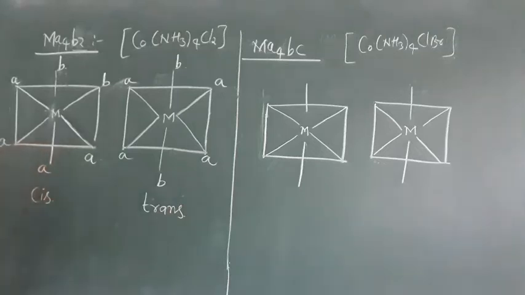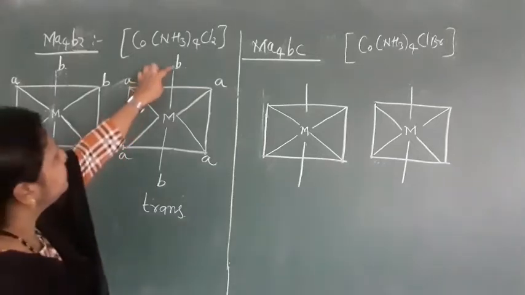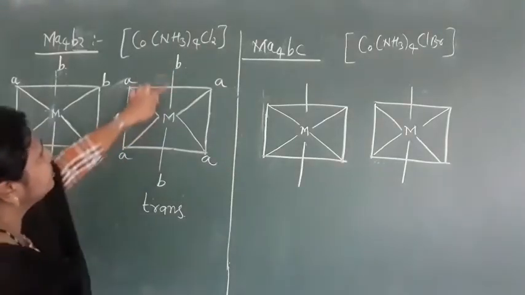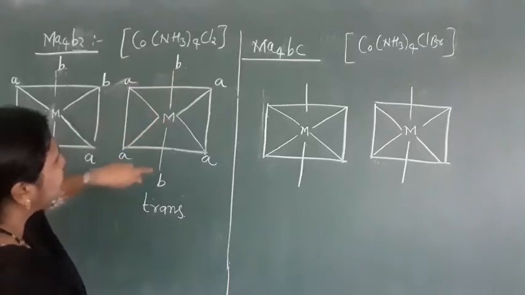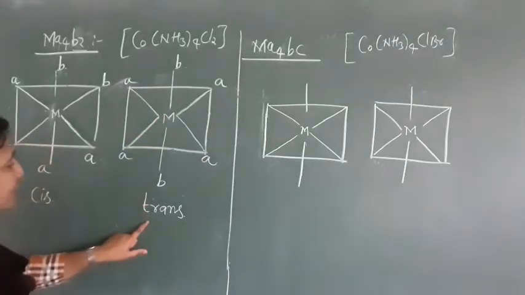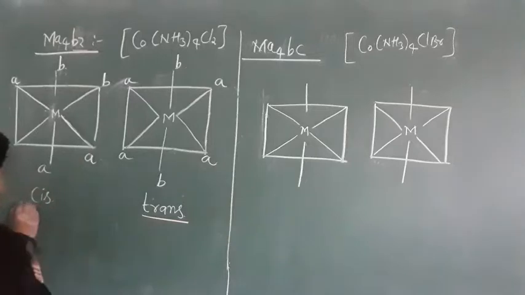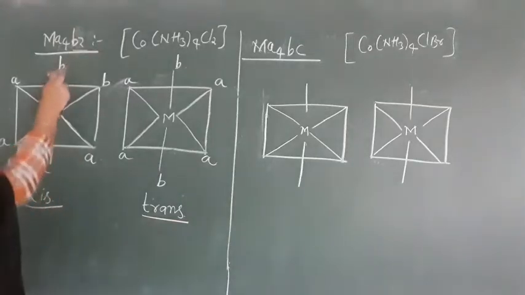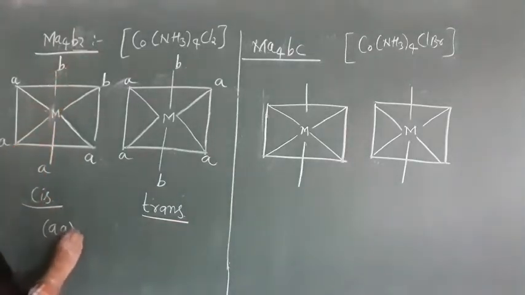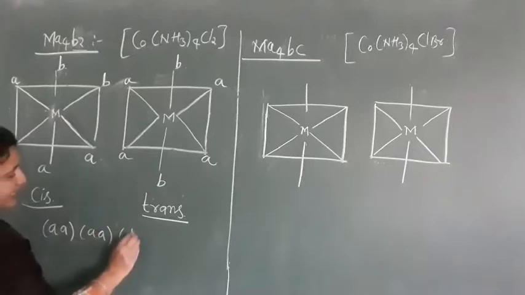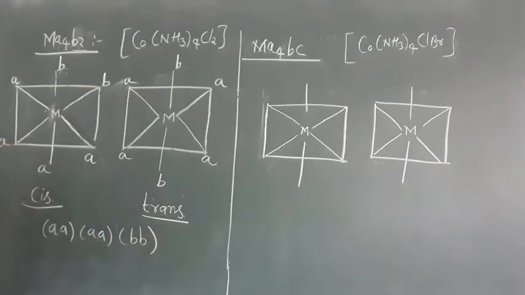So MA4B2 has two geometrical isomers. In the cis form, the similar ligands BB are in cis position, and in the trans form, the BB are in trans position. You can also make the combination here: AA, and then BB. This is one combination we can make.